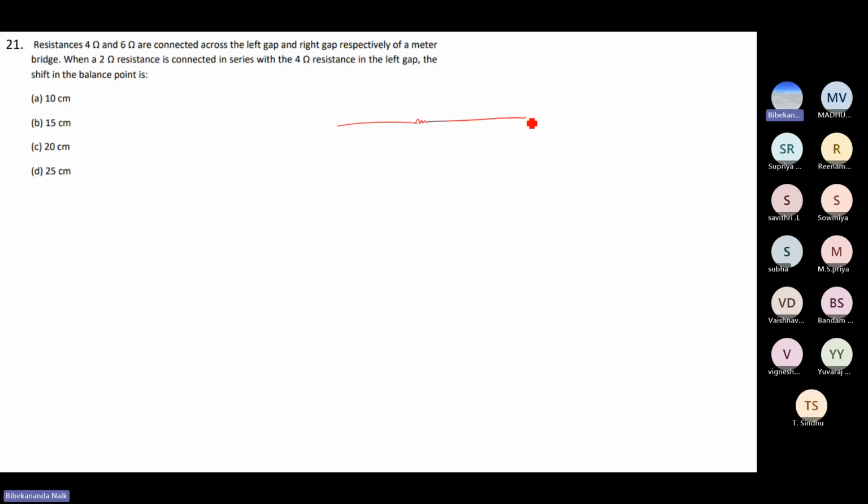So there are two resistances here, and this is 100 centimeter. One is 4 ohm, another is 6 ohm across the left and right gap. In the second case, another 2 ohm resistance is connected here.